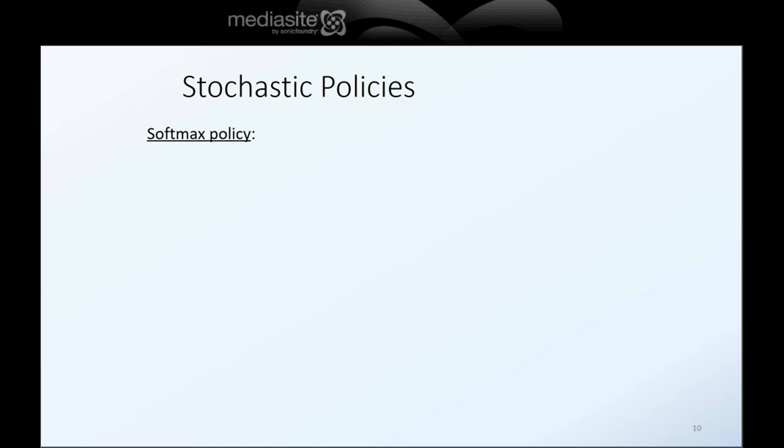Another good example of a stochastic policy is the softmax policy. It uses the softmax function, which is as follows. The probability of picking action A when in state S is directly proportional to e to the power of the Q value, Q(S, A). So it greatly exaggerates better Qs, better actions, because of the exponentiation.